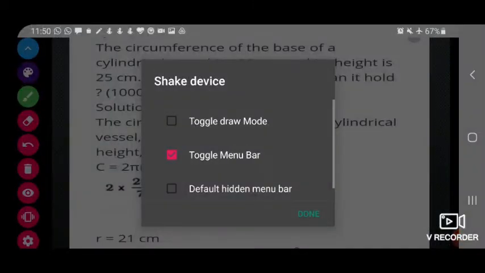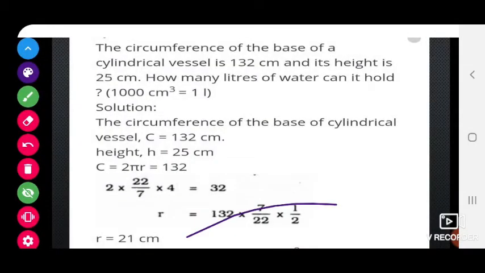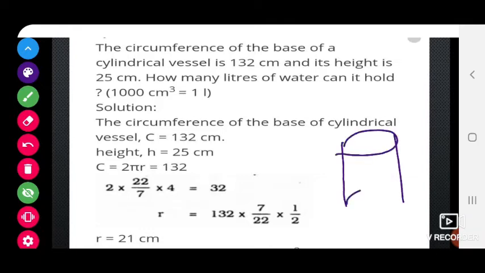Now children, what they are saying is, the cylinder will be in this shape. Now, they are not giving what is the radius, but they are giving the height as 25 centimeter.